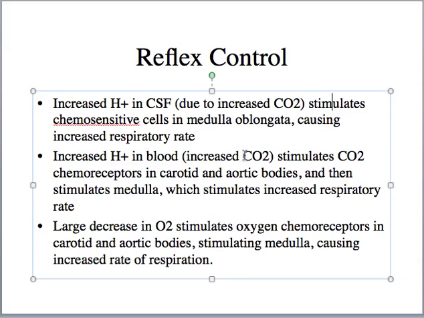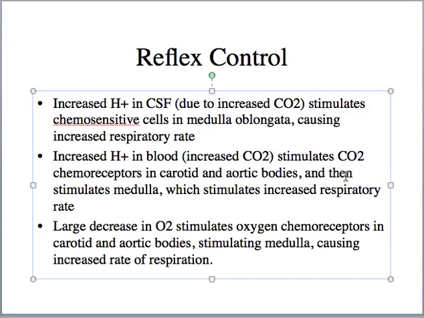Now, if you have increased CO2 in your blood, that will cause increased hydrogen ions to be in your blood because of the carbonic acid equation. That increased hydrogen ions in your blood are going to stimulate these chemoreceptors in your carotid and aortic bodies.